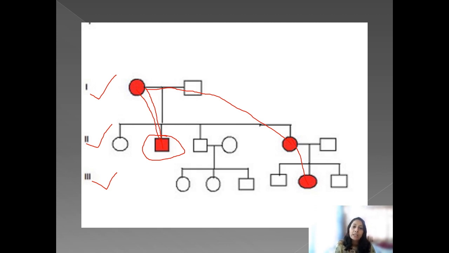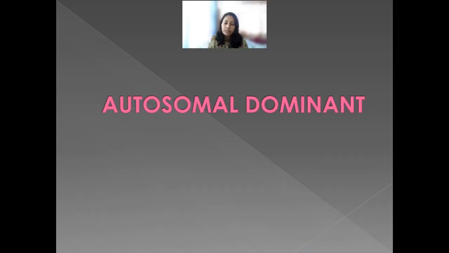So that is why this pedigree is also autosomal in nature. So according to me, this pedigree is autosomal dominant pedigree. Now let's watch what is the correct answer. Yes, the correct answer for this pedigree is that it is autosomal dominant in nature.